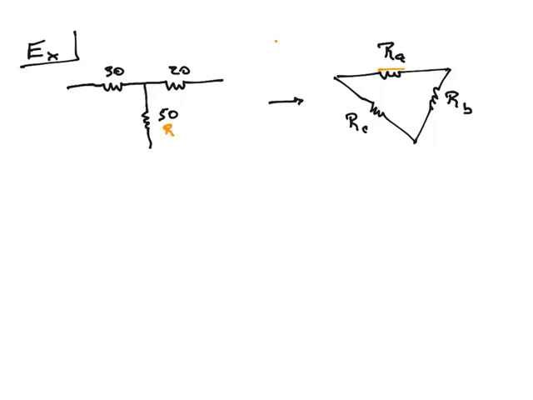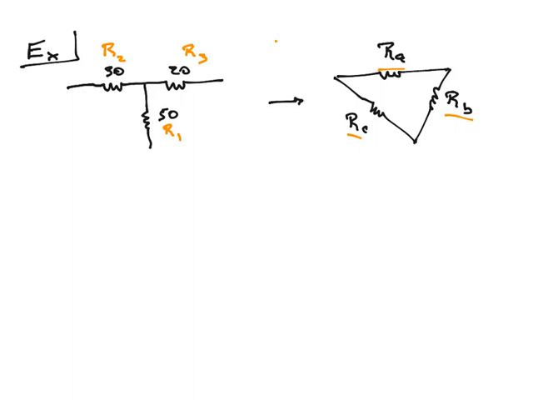So I'll call this R1. RB is over here, the bottom right, so opposite to that is going to be the top left resistor, the 30, so that's going to be R2. And then RC, the bottom left, is going to be associated with R3, which has to be the top right, opposite to where that resistor is. So this is R3. Given the labeling on the right, I have labeled my T connection on the left to match the way my equations go.